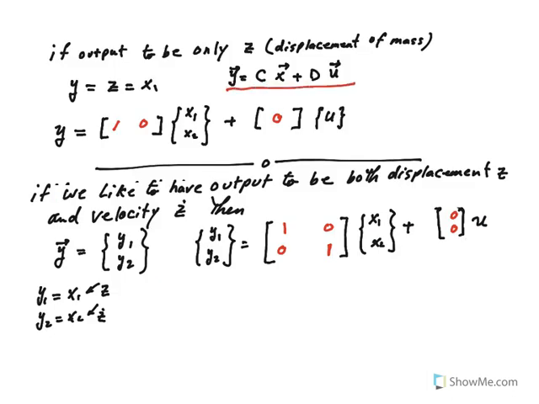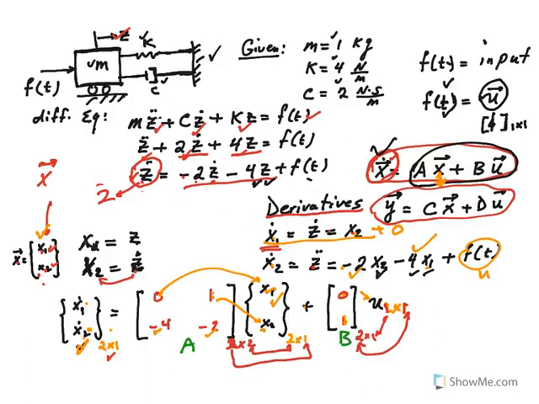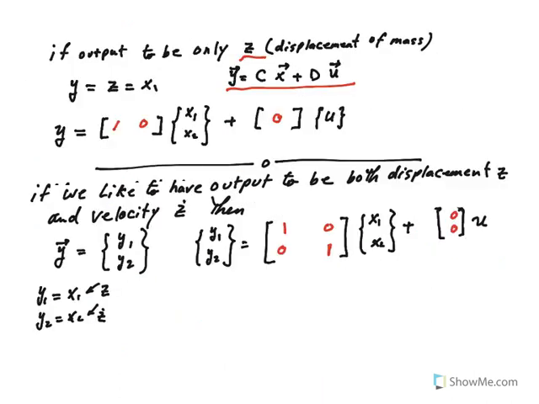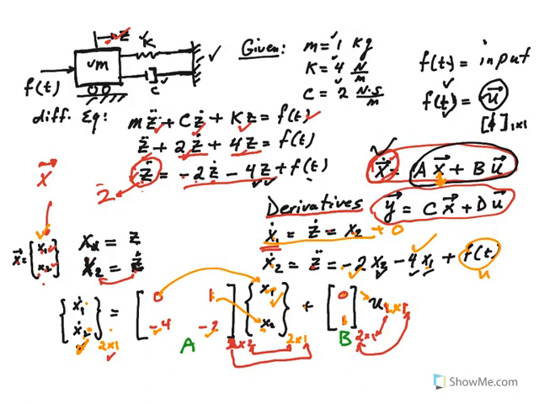All right, here's the output. Now, output is entirely your choice. Sometimes the problem says, okay, I want the output to be z. Z, remember, is the displacement of this mass, and usually you want that. So if you want your y to be z, remember z is x1, right? Z is x1 right here.